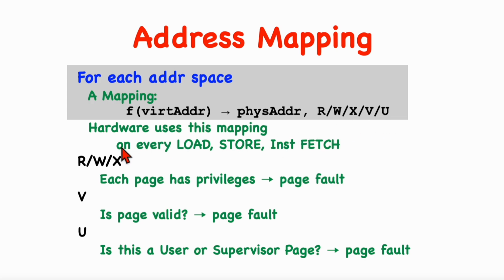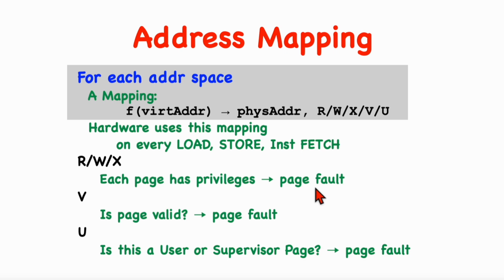So we can mark a page as either readable and/or writable and/or executable, which determines whether we can load from the page or store into the page, or fetch instructions from the page, respectively. If, for example, the program attempts to store into a page that's not marked writable, then the hardware will generate a page fault exception.